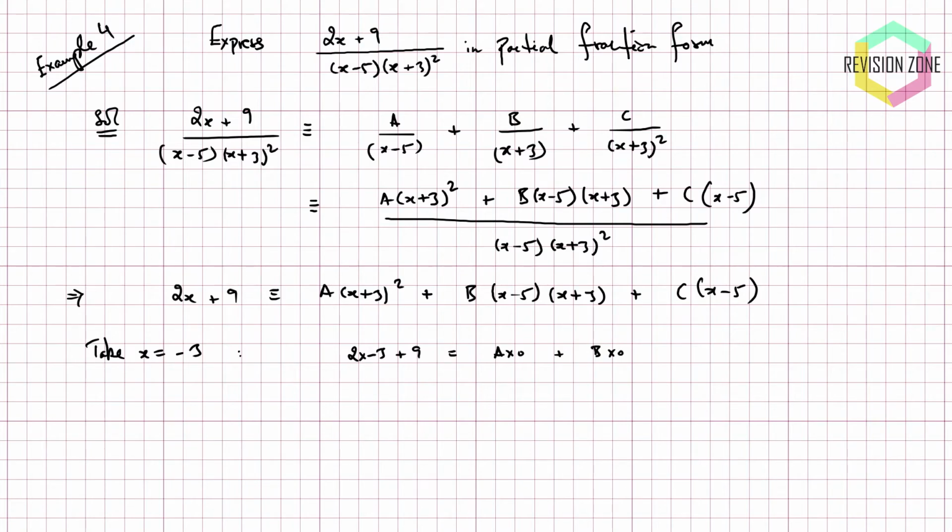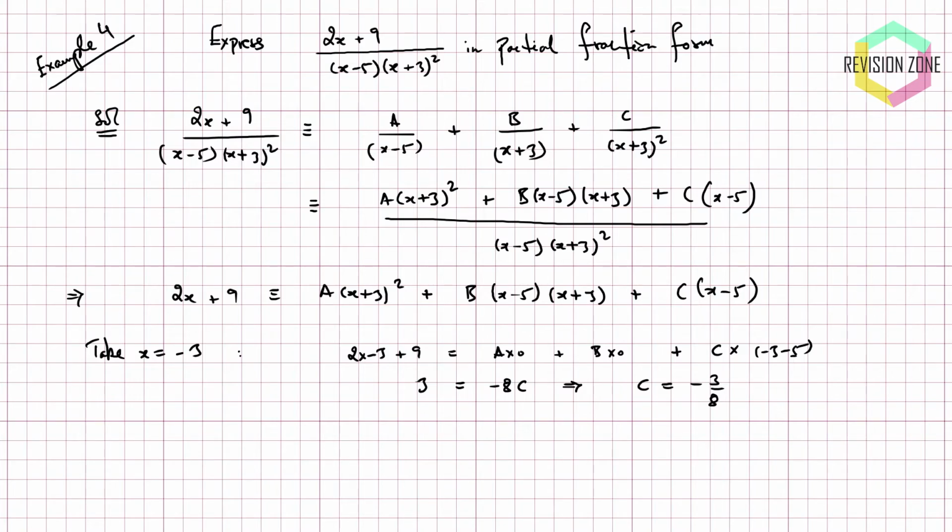I don't really care what else is there. Plus c times minus 3 minus 5, which of course upon simplifying gives me on the left-hand side minus 6 plus 9, which is 3, and the right-hand side just gives me minus 8c, which tells me my c is actually minus 3 over 8.